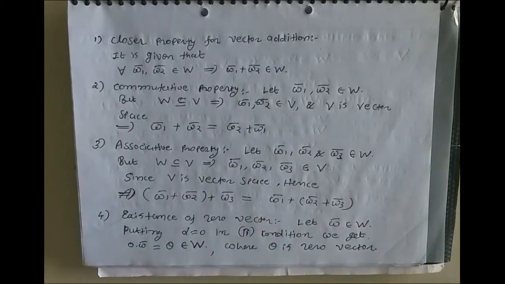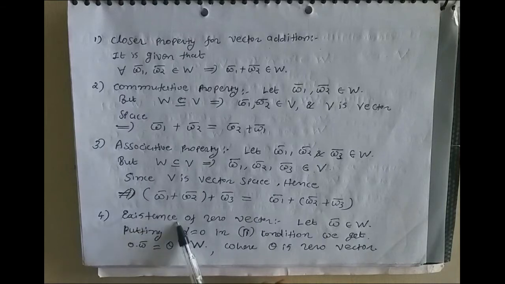So the associative property is also satisfied. Now the existence of the zero vector. Now our second condition is alpha dot vector W, that means scalar multiplication also belongs to W for all alpha belongs to R.